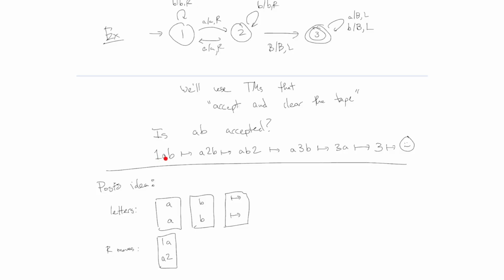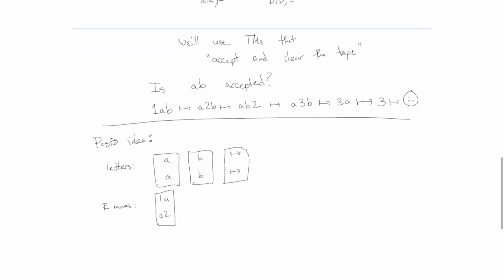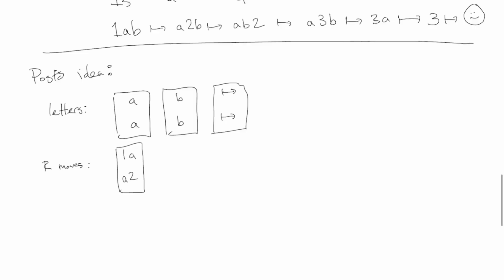Whenever you see 1 followed by A, that can turn into A followed by 2. Because if you're in state 1 and you see an A, that's the same as moving past that A and then going to state 2. So here, there is a block which represents that fact, that if you start with a 1 and look at an A, that's the same as moving to the right past that A and changing into state 2.